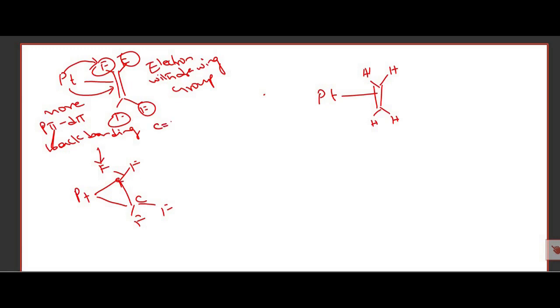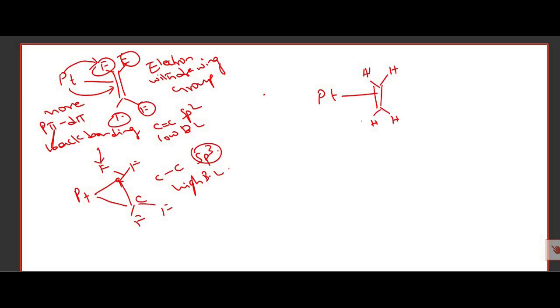Here it is a carbon-carbon double bond, low bond length; here it is a carbon-carbon single bond, high bond length. Hence bond length increases. Here sp2 hybridization becomes sp3 hybridization.